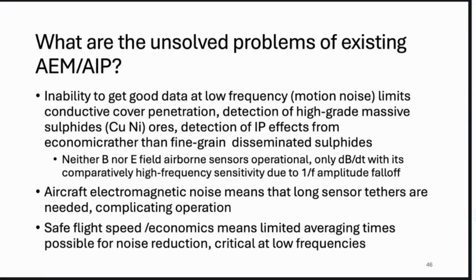So we want to get either B or E working. Receivers need long sensor tethers, which complicates operation and increases the amount of swinging they do. And safe flight speed and economics means we have limited averaging time. So how can we solve these, critical at low frequencies?